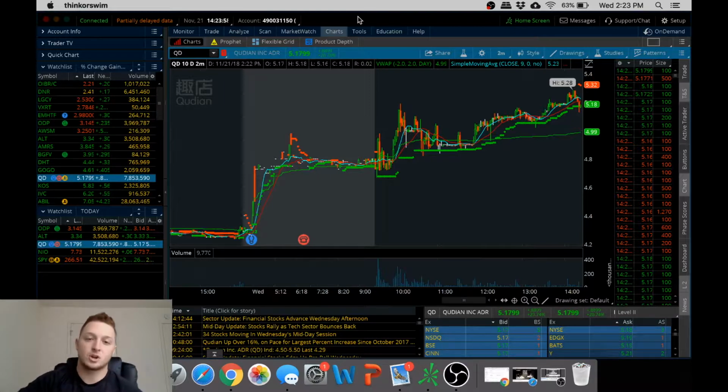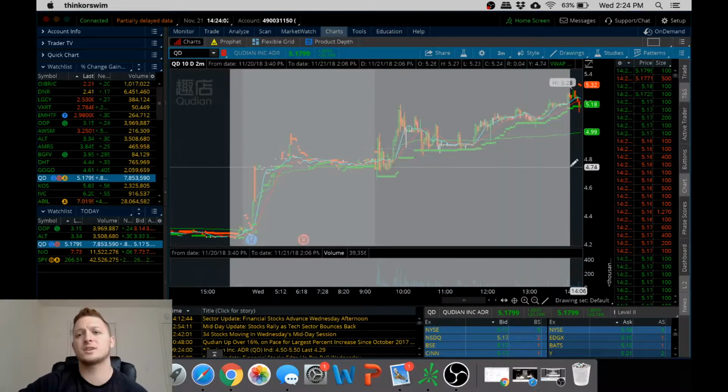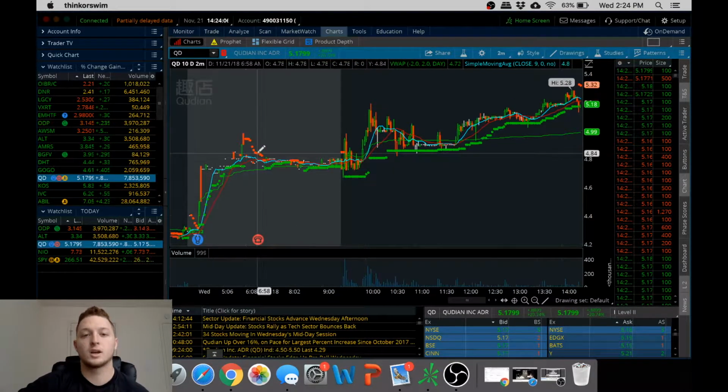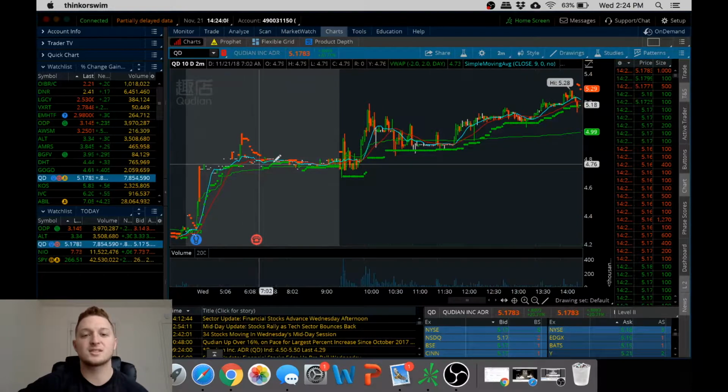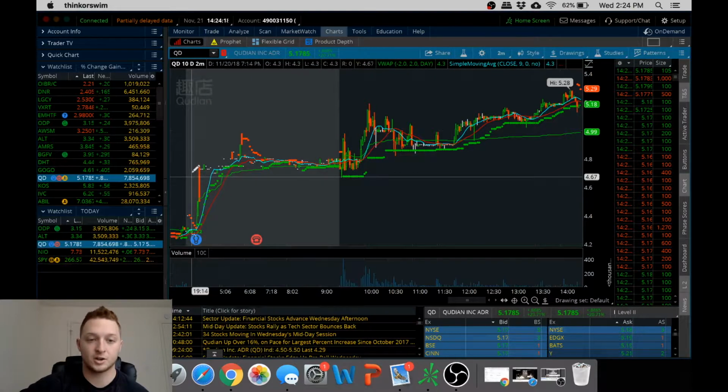But with that being said, let's jump into this. So QD is a perfect example of something that is up early in the morning and it just kind of stays and it holds its momentum and it holds its support really, really well. So we don't even need a trend line for this. There's two different kinds of styles that I trade by.